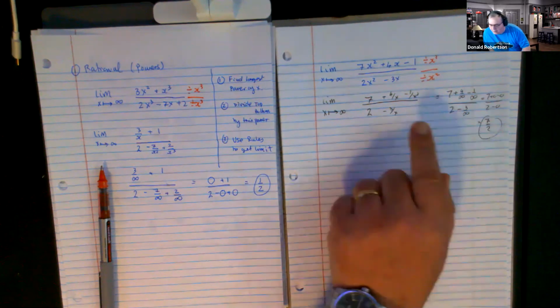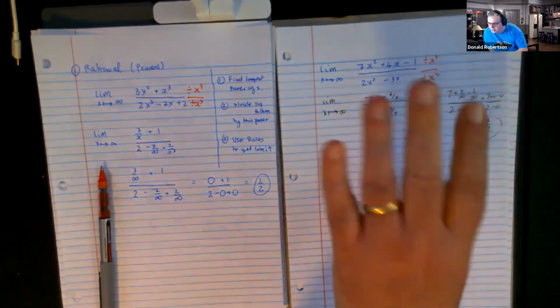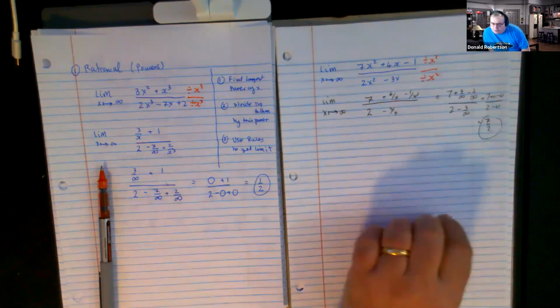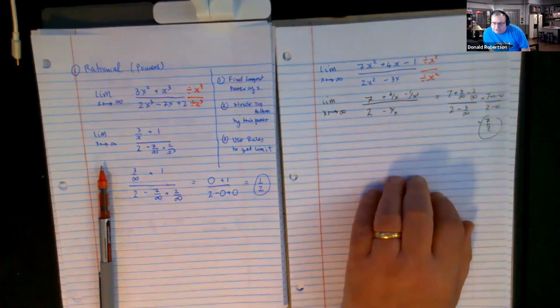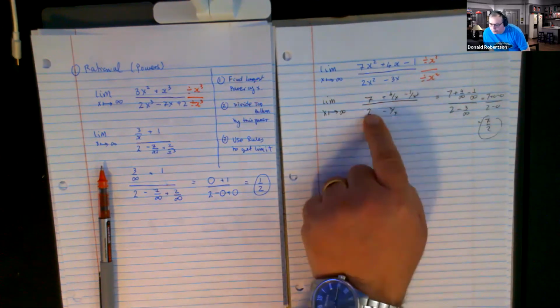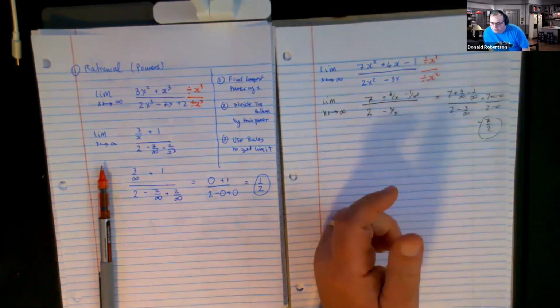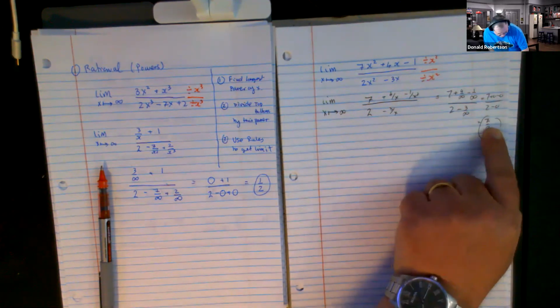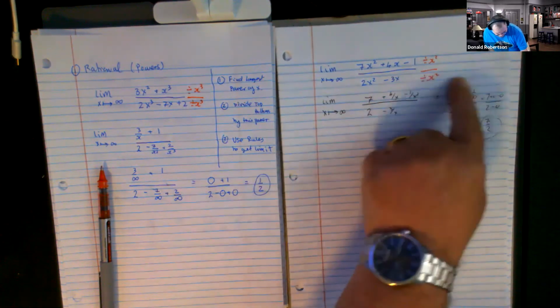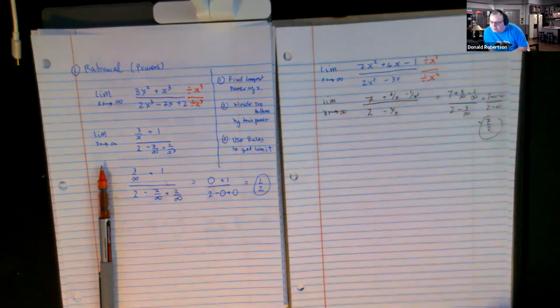Try not to say, oh yeah, I've got a shortcut for that, I know the answer is 7 halves, move on. Because if you do that, you won't remember clearly how to do the whole process. So when you come up and do a test question, you're going to tell me the right answer, but you're not going to be able to do this bit because you never did it.